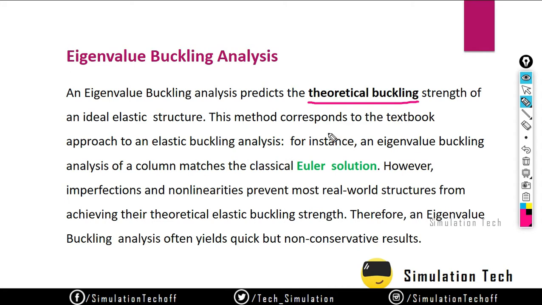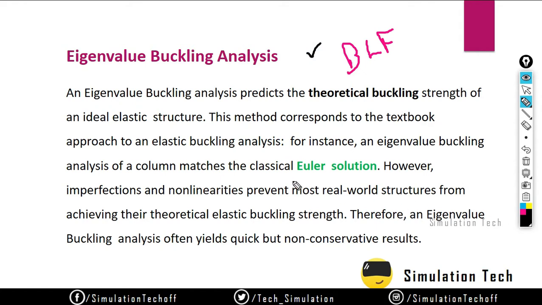Basically it uses the theoretical approach to calculate the buckling load factor. So we actually calculate a factor called the buckling load factor, BLF. We will discuss what that BLF is in our upcoming slides.